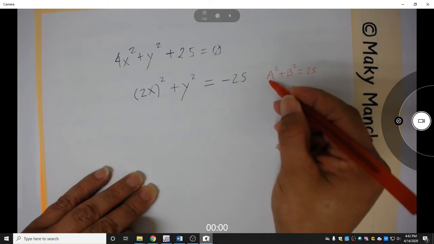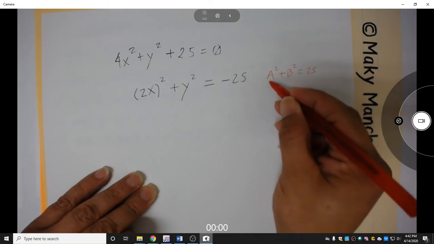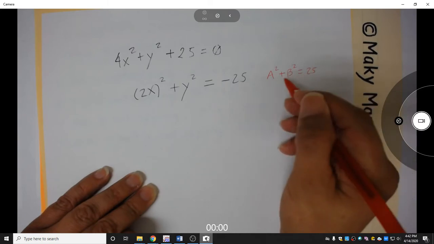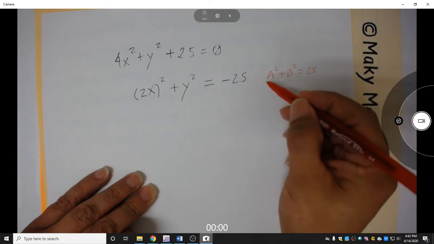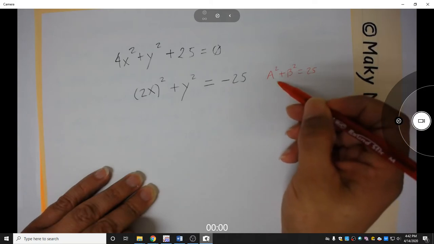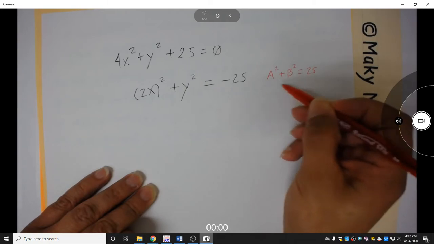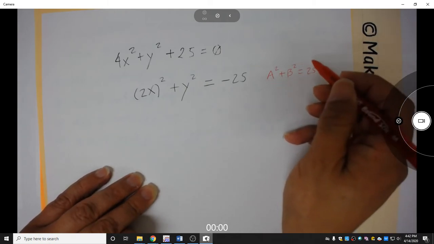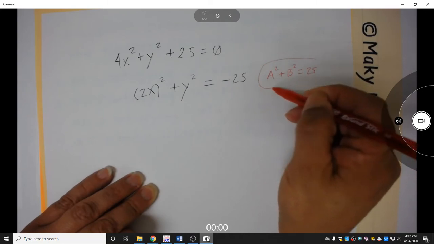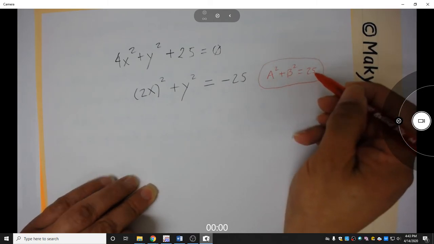You could have 3 for a, 4 for b, so 3 squared plus 4 squared equals 25. You could have -3, 4, or you could have -3, -4, or you could have 3, -4. So there is a number of solutions to our equation a squared plus b squared equals 25.